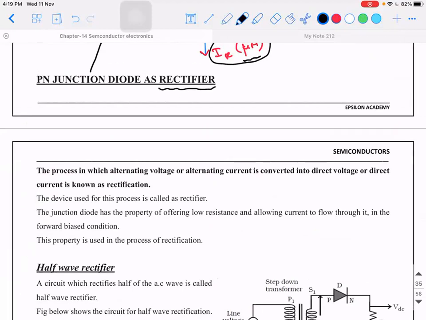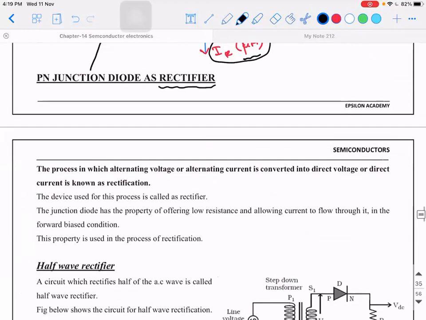For example, you can think of the charger of your mobile phone. The charger is connected to the mobile phone, but it is not directly connected to the mains supply. From the mains, the current goes to the charger, and from the charger it comes to your mobile, right?